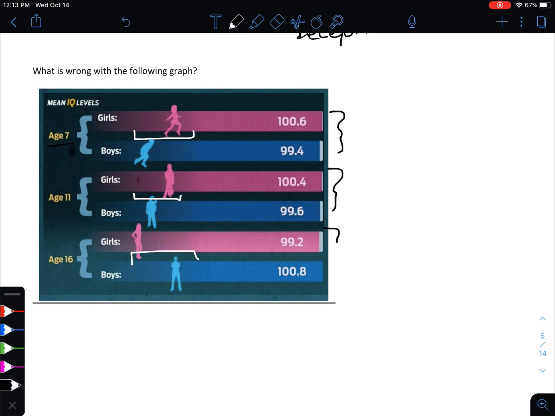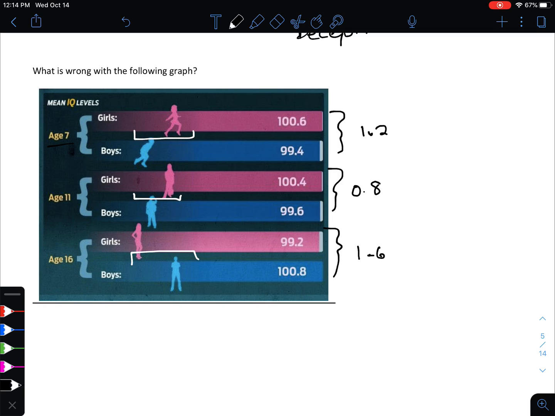But what you want to really think about too is the differences in the IQ level at each of those points. At age 7, the difference is only 1.2. So girls are 1.2 IQ points ahead of boys. And at age 11, the difference is even smaller, 0.8.